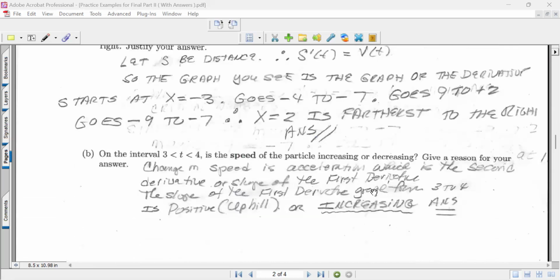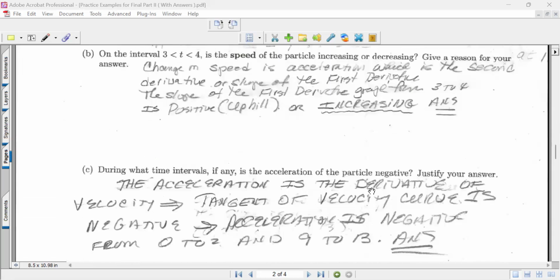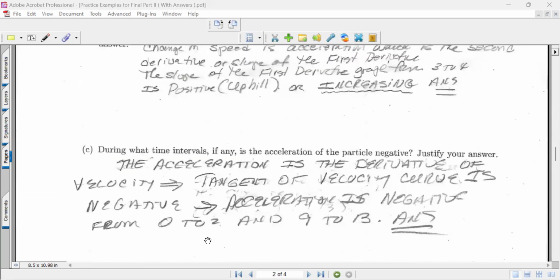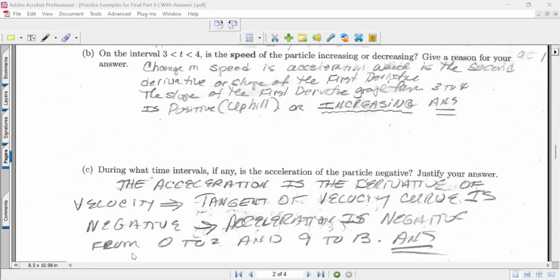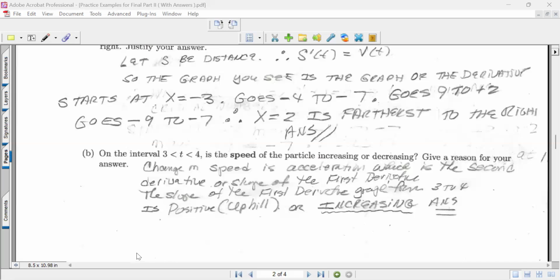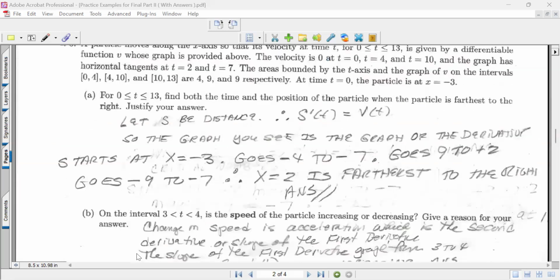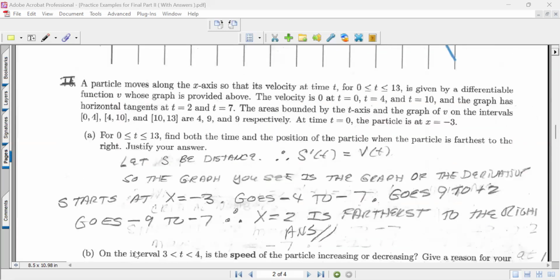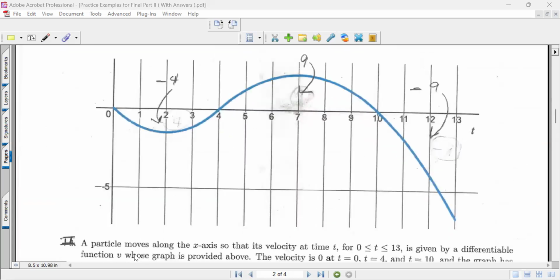So I apologize for sounding rather fuddled, but maybe it's helpful to you if I do. But you can go back and listen to this and see if you understand what these 3 parts are talking about. The main thing you have to understand is something we had in class.